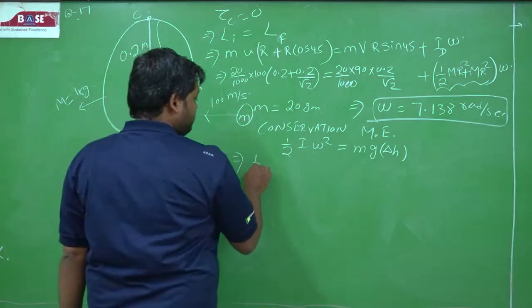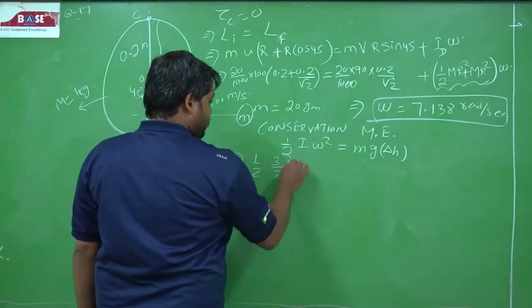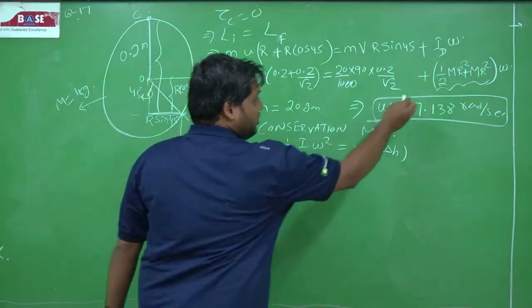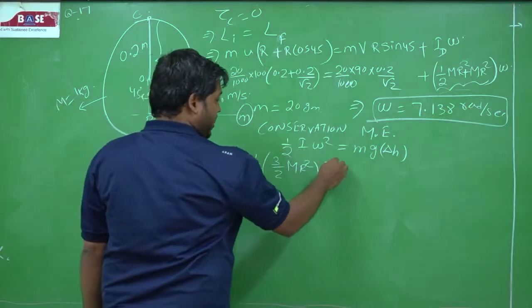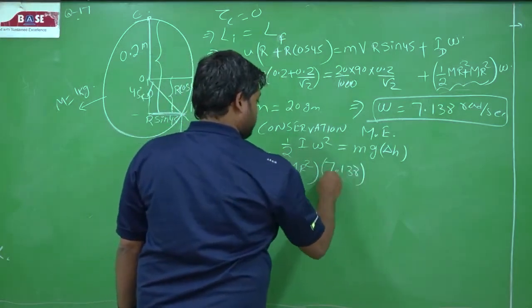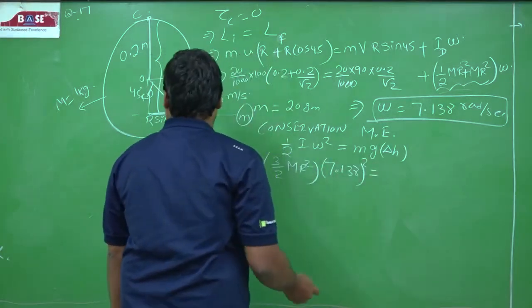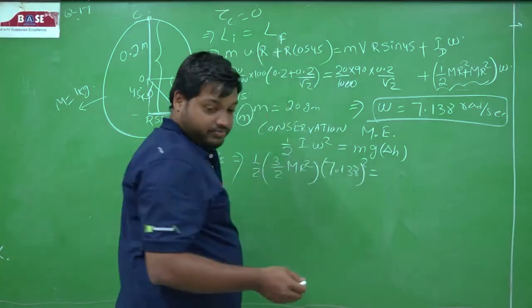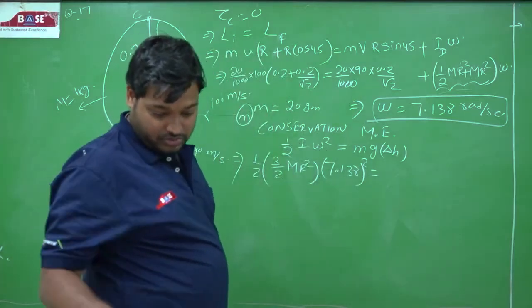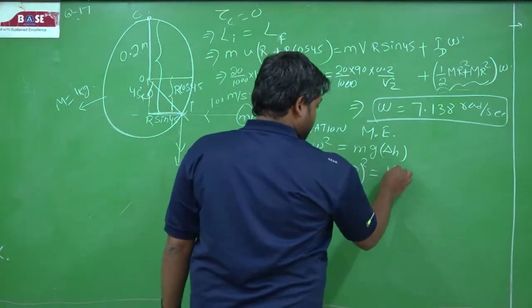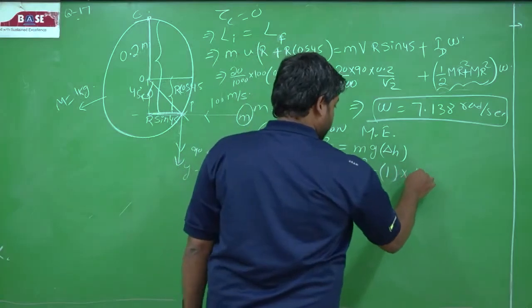So half I will be 3 by 2 mr square, whatever the things we have got from here. Omega is 7.138 whole square. Small m is that mass is given. Okay, that is the capital M, that is 1, mass of the disc. g is given 10.